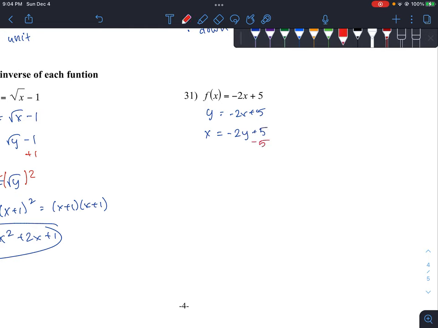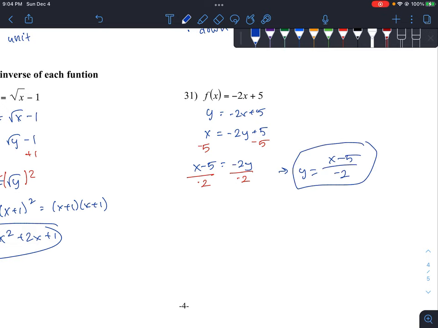So I'm going to subtract 5, so x minus 5 is equal to negative 2y, divide by negative 2, divide by negative 2, and get y is equal to x minus 5 divided by negative 2. And there's your inverse function.